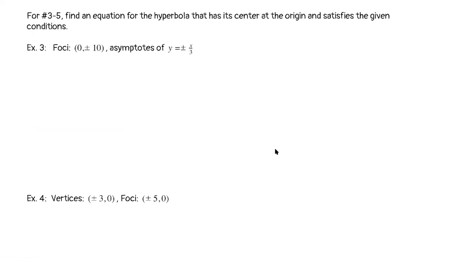Okay, so for example number 3, we're given our information about the foci, and I think I was using pink for the foci, and then the asymptotes are given by this equation, y equals plus or minus x over 3.